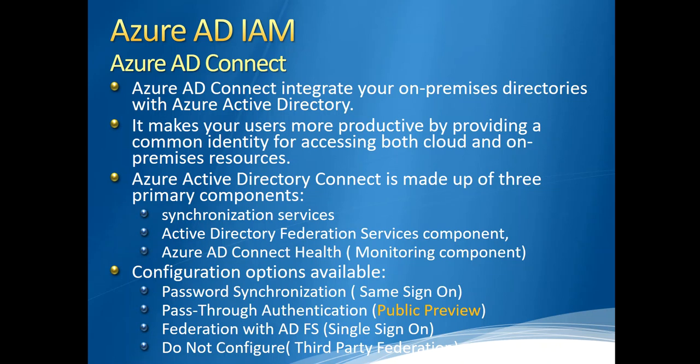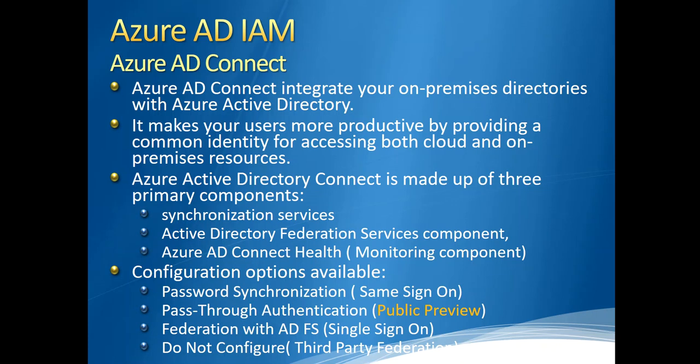Now some of the configuration options that are available. When you walk through the Azure AD Connect installation setup, you will see the options that are listed. The first one is password synchronization, which is equivalent to configuring same sign-on, wherein you sync your user identities from on-prem to Azure AD along with the password hash.